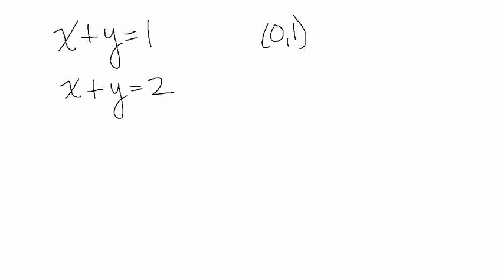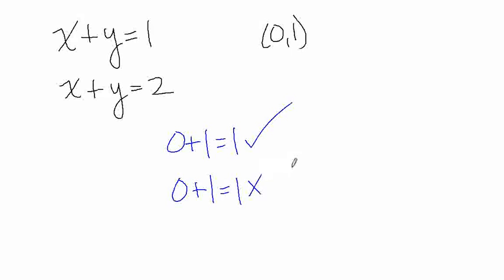So let me do the necessary replacements for the first linear equation. And that'll give me 0 plus 1, that equals 1. So that checks out. For the second linear equation, I will get 0 plus 1, which is equal to 1, and that does not equal 2. So no, the given point is not a solution of this system.